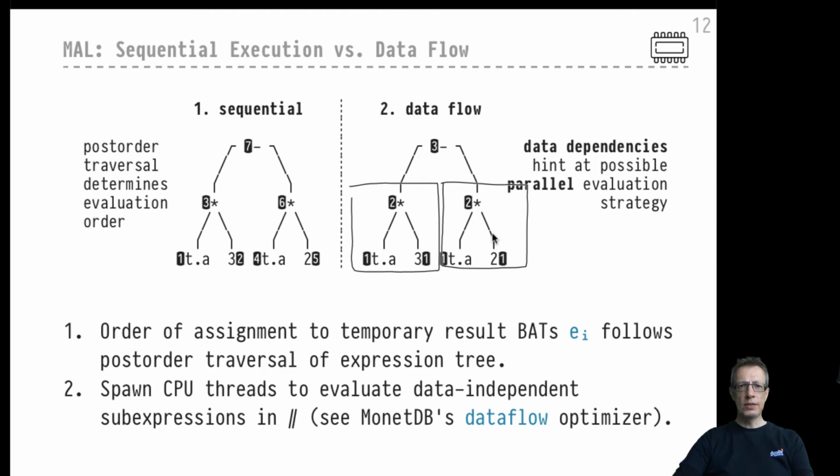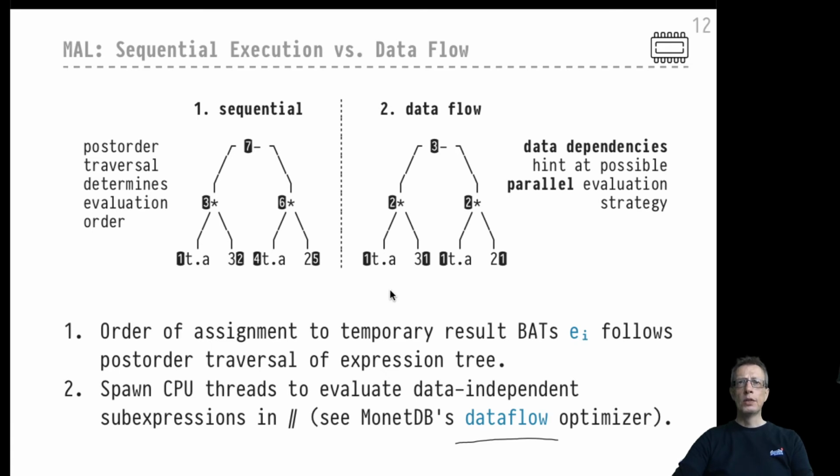This is a nice source of data parallelism that we could exploit inside our MonetDB system. And there is indeed a particular optimization step inside MonetDB, the dataflow optimization, that is used to schedule some of the MAL operations that we need to perform in parallel.